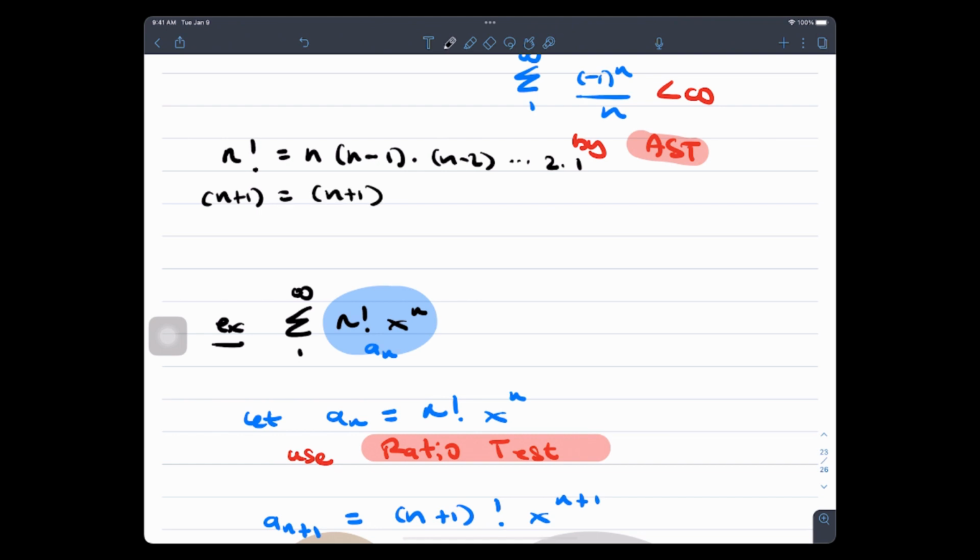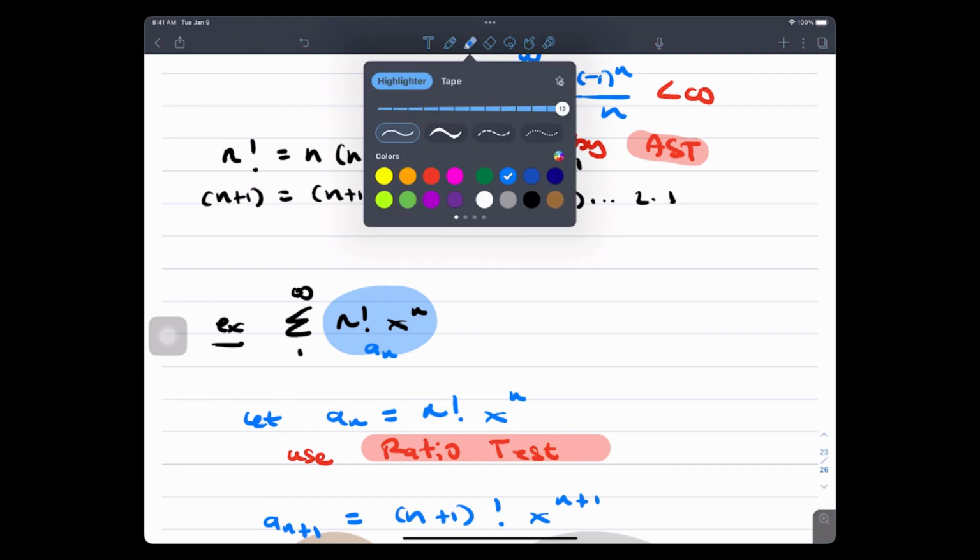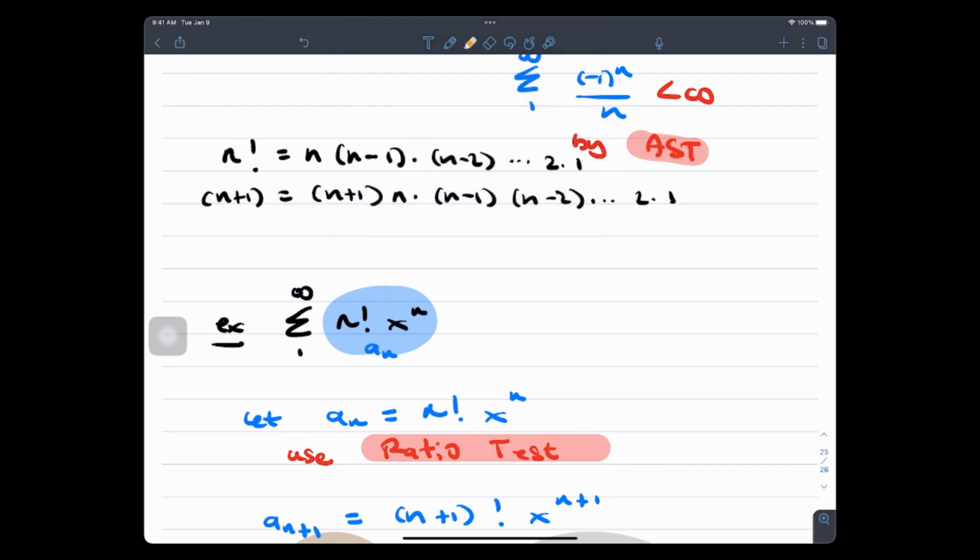Well, you start at n plus 1, and then you have n, then n minus 1. You just keep counting backwards. So you might say, wait a minute, isn't this portion the definition of n factorial? And it is. So I can write n plus 1 factorial as n plus 1 times n factorial.